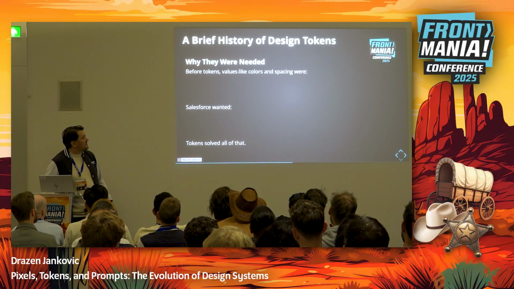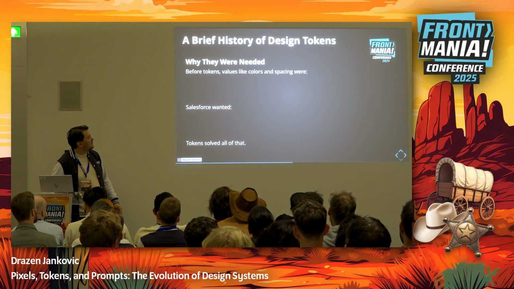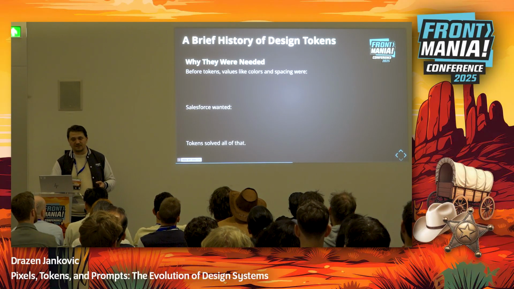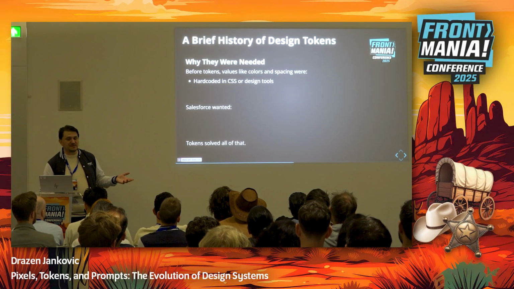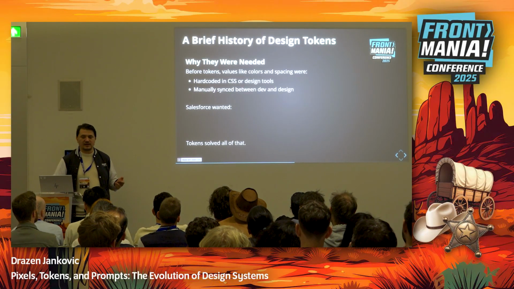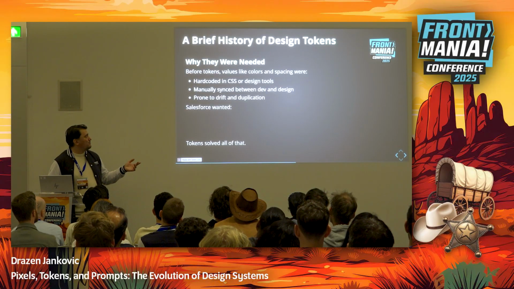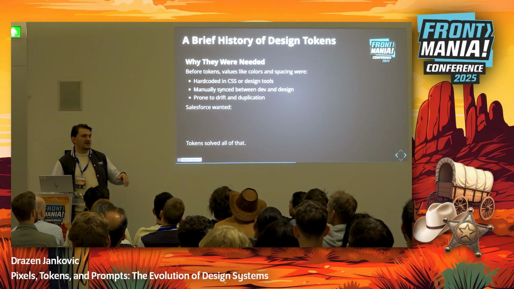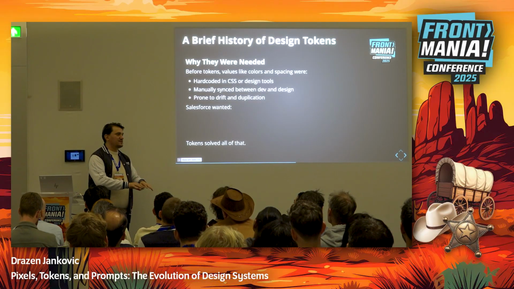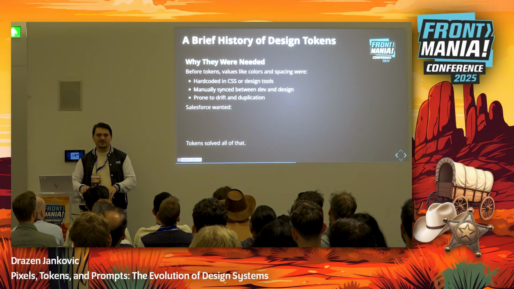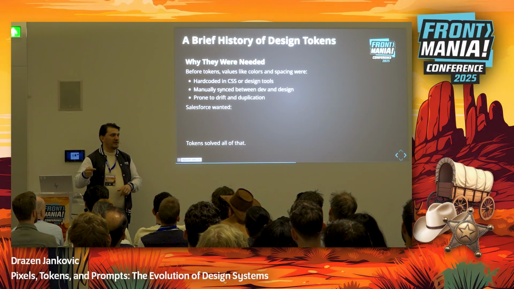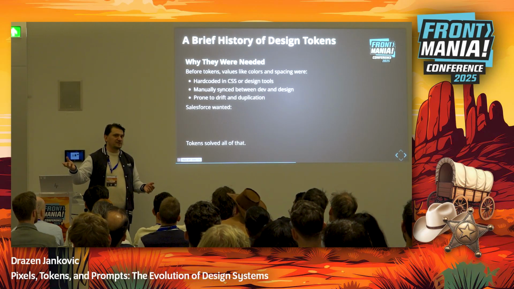So why were they needed? Well, before tokens, values like colors and spacing were hard-coded in CSS or design tools, manually synced between dev and design, and prone to drift and duplication. I would get your CSS file, make something for you, go to another team, make something there, but they changed how they call that variable, but they're linking to the same color.